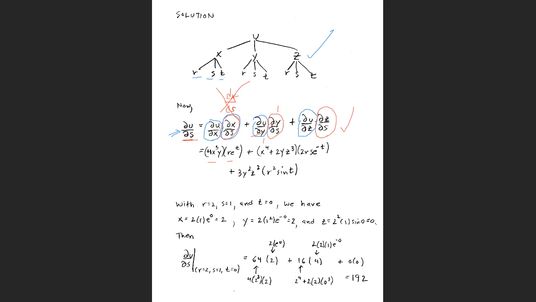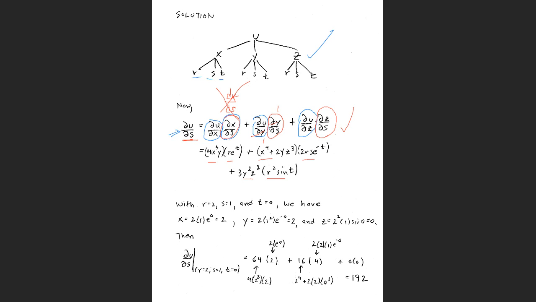That's right. Good. That's right, Charles. X is a function of r, s, and t. So x is a function of multiple variables, so I have partial derivatives. Now I compute the partial derivatives that I need to compute.